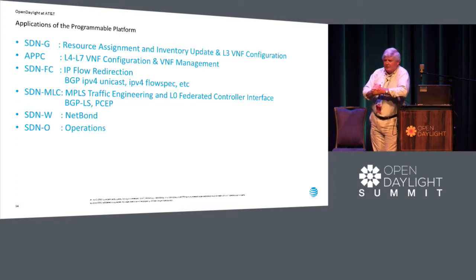We do IP flow redirection. This one's going to be unique from the standpoint it'll be geographically distributed. Every region of the world will need a BGP flow redirection capability because we don't run BGP over the undersea links. So Asia Pac, EMEA, Latin America will all have SDN flow redirection capability nodes that are deployed for unicast, flow spec, all that kind of stuff. We have our MPLS traffic engineering application.